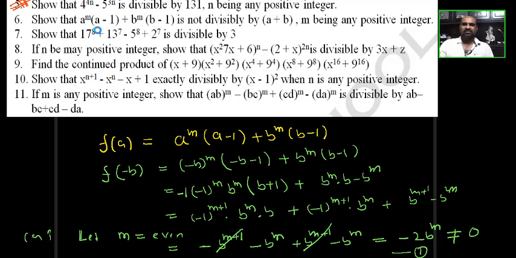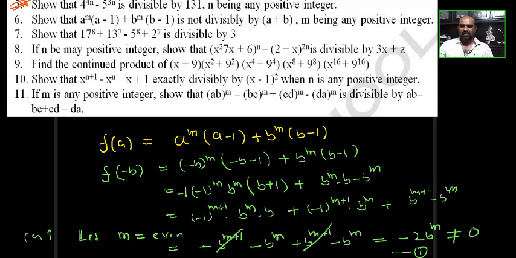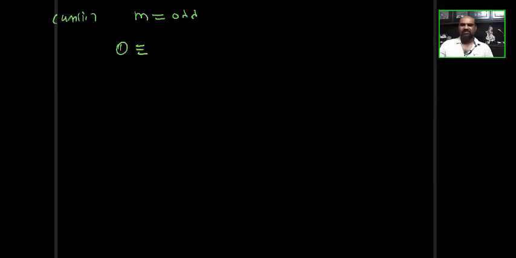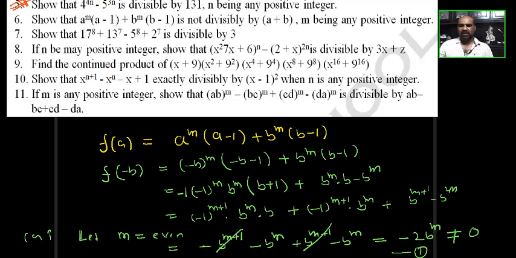Next I will take m is odd. Second case, case 2, m is taken as odd. Then the first term becomes, observe here, odd plus 1 is even, so we get plus 1 into b power m into (b plus 1). So here m is odd, no?